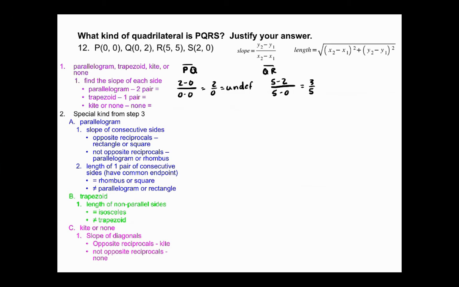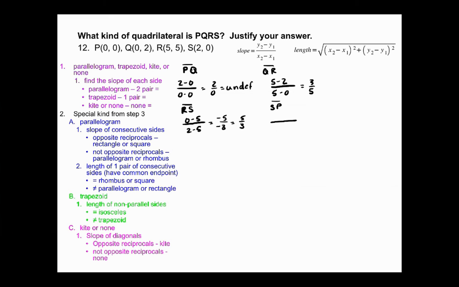We're going to have the slope of RS. So this one is going to be 0 minus 5 over 2 minus 5 to get negative 5 and negative 3, or a positive 5/3. And last, we're going to do SP.